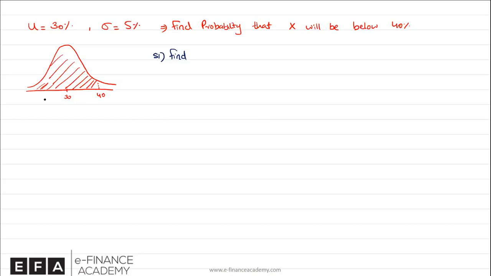So as a first step, we need to standardize our distribution, or we'll have to standardize the variable x. By that, I mean, let's put it this way. If I were to ask you, how many times has 40 deviated from 30?